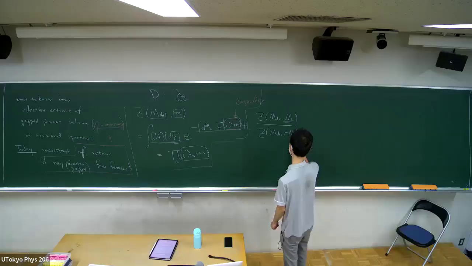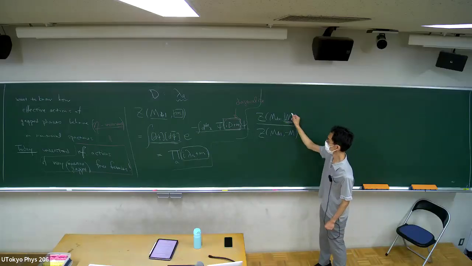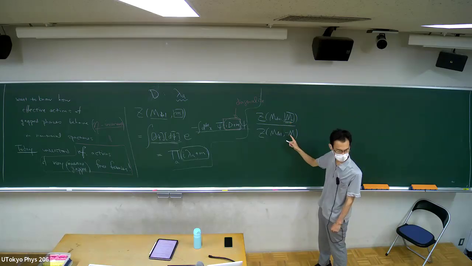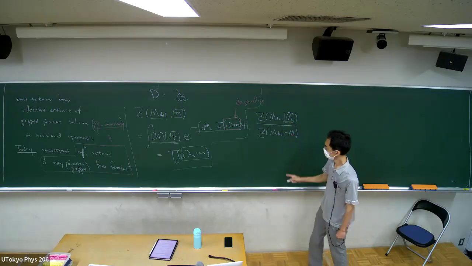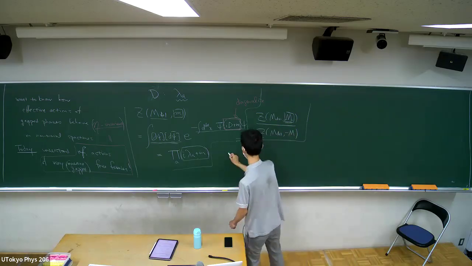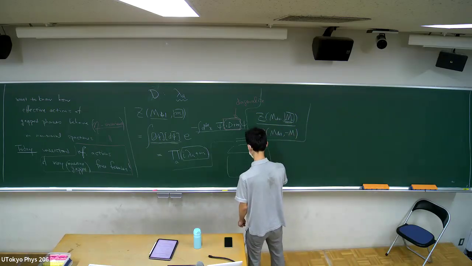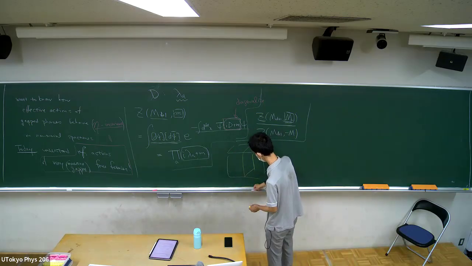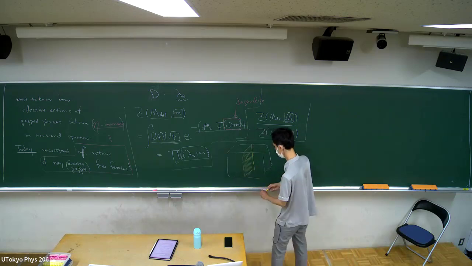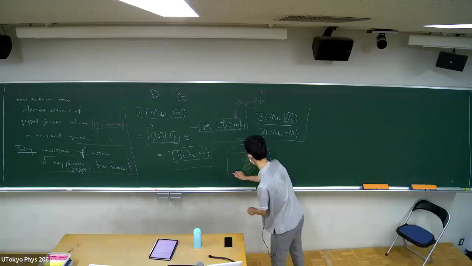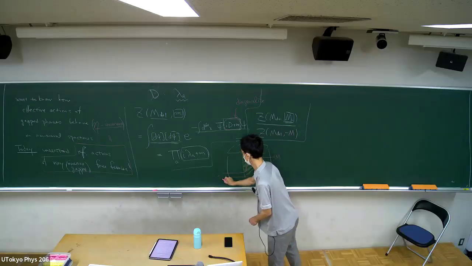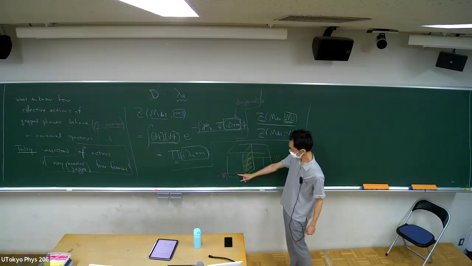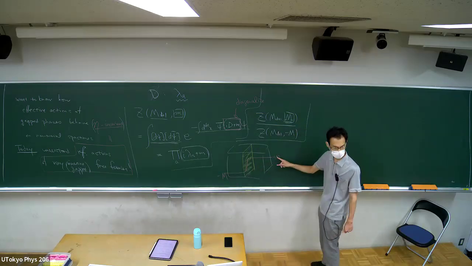Instead, let's decide to take the ratio of a very, very positive mass fermion and a very, very negative mass fermion. The reason why I do this is the following. As I said last week, in order to realize a massless chiral fermion, a massless gapless fermion on the boundary, what we do is to change the mass parameter from large negative values to large positive values.